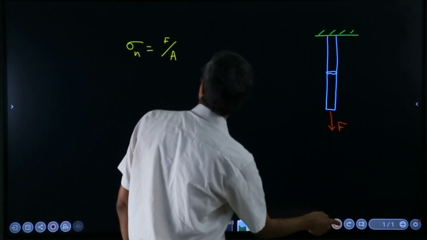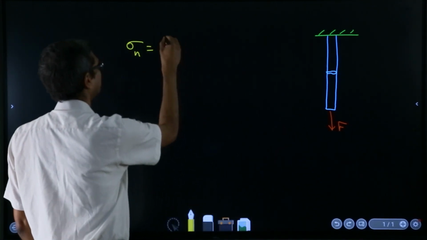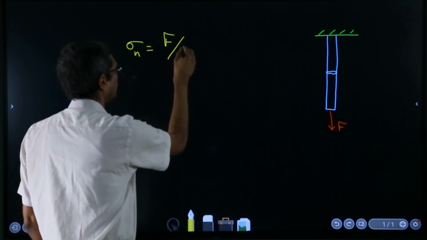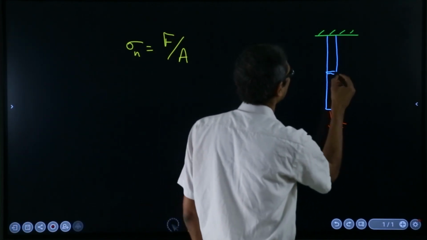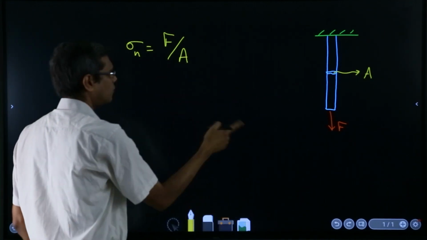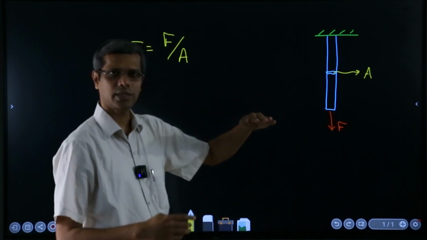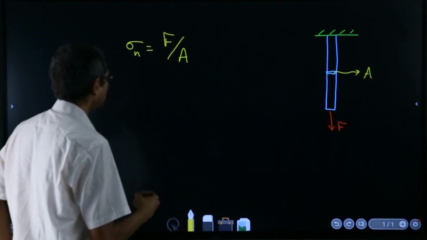I think I'll increase the font size a bit. Say F over A. So this is area A. Okay. So this force which is normal to this area of cross section.